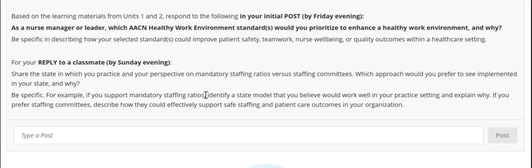If you prefer staffing committees, maybe you work in a rural hospital, and we all know that rural hospitals are being closed at high rates due to costs.